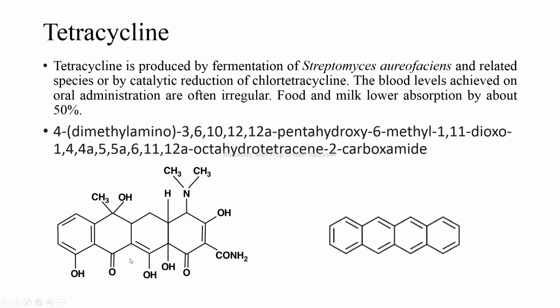So the numbering of this tetracycline begins from this position. As we have discussed, this carbonyl oxygen has number 1. So 1, 2, 3, 4, 5, 6, 7, 8, 9, 10, 11 and 12. Likewise, we have studied the numbering of the tetracycline.